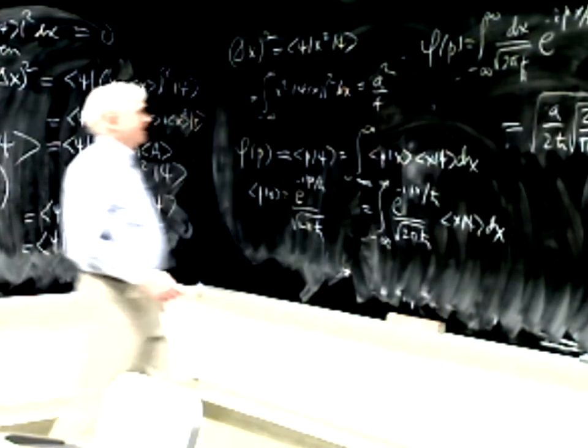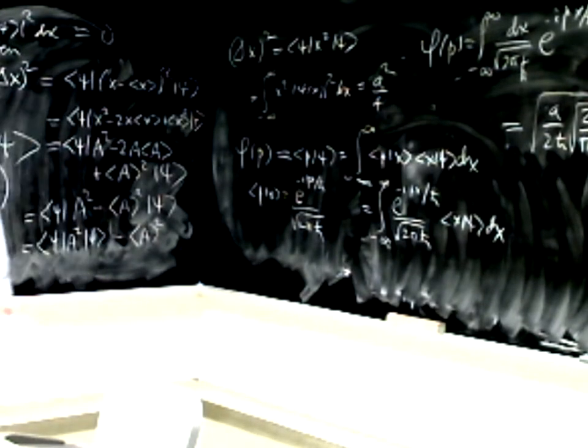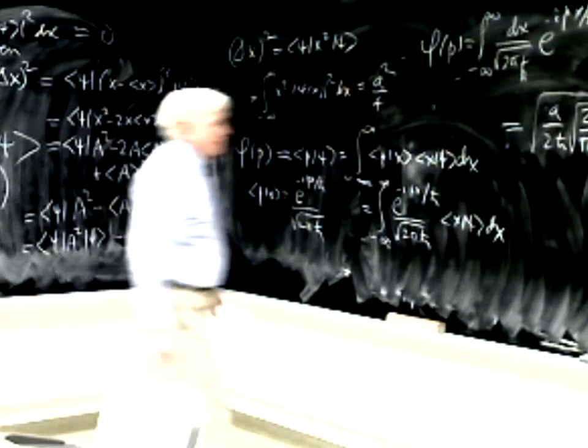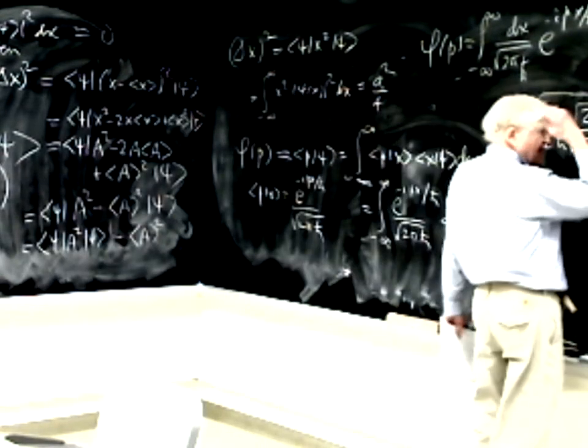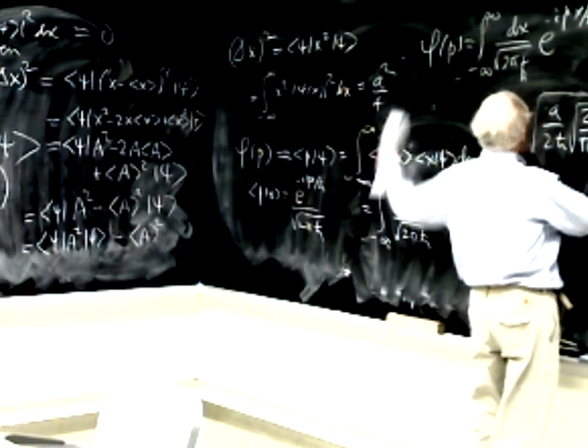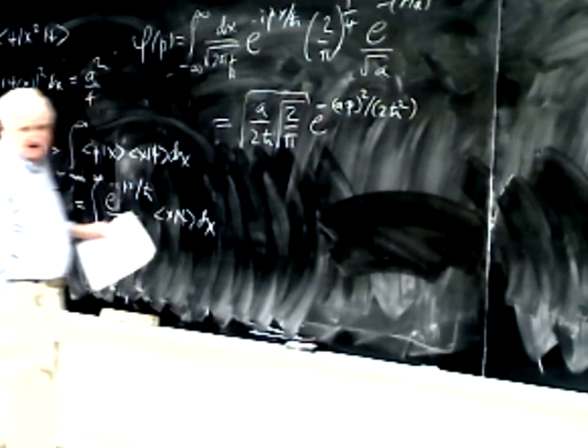So that's our wave function in the position space. It's a Gaussian, and remember, if A is big, then psi of x is way spread out. But then, if A is big and psi of x is spread out, psi of p is very sharply peaked at the origin, and vice versa.